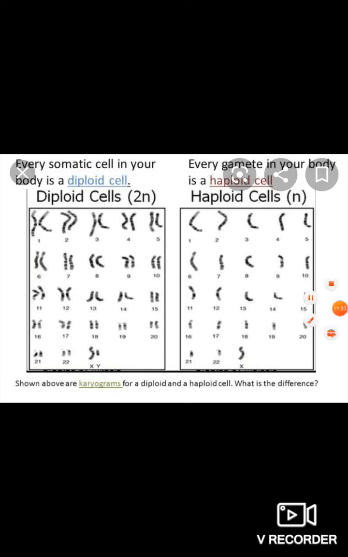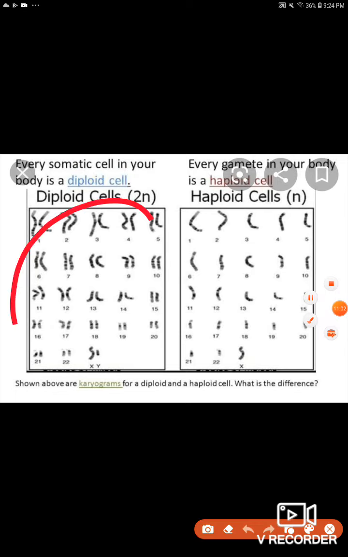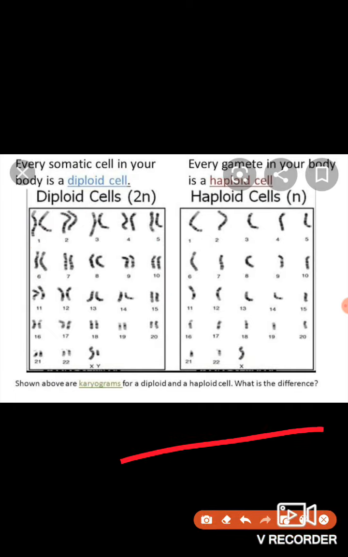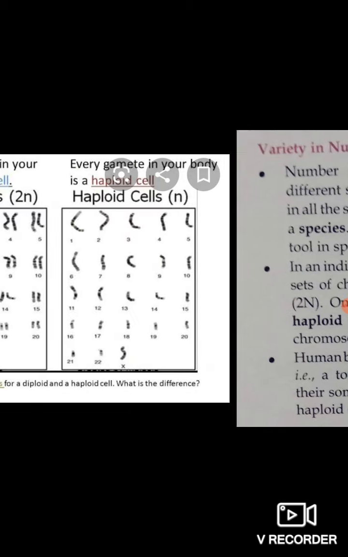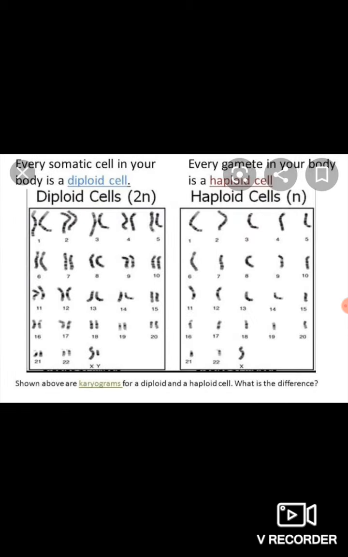Here you can see we have 23 pairs of chromosomes. It means we have 46 chromosomes. However, the gametes, being haploid, contain only 23 chromosomes.